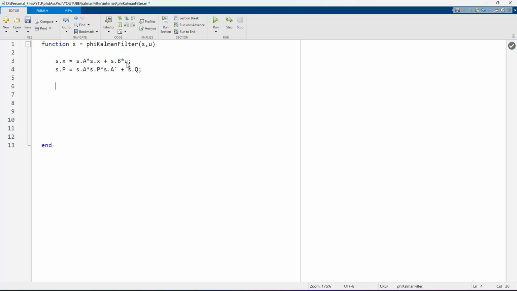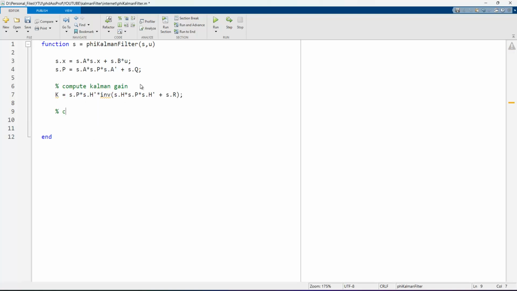Okay, and so we compute the Kalman gain. K is equal to Sp times Sh times the inverse of S.H times Sp times Sh plus S.R. This is the equation of the Kalman gain.